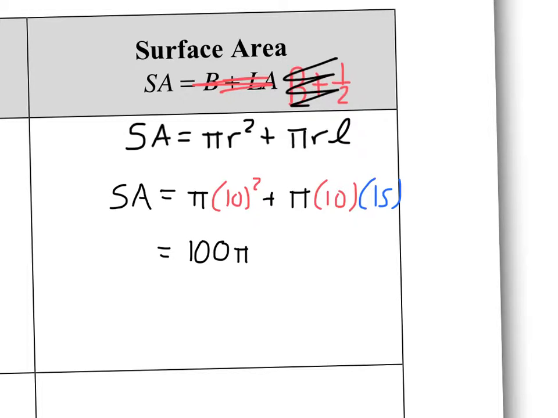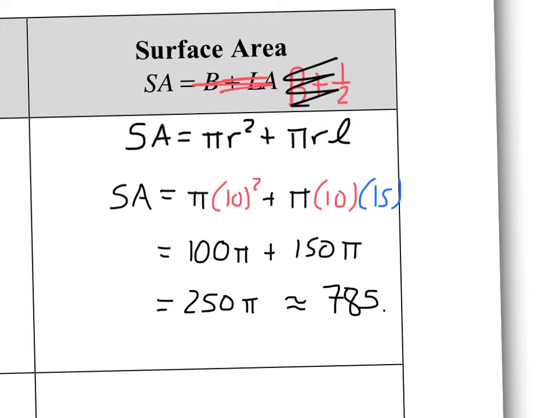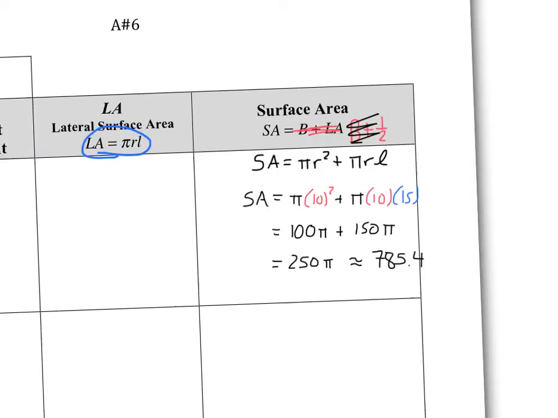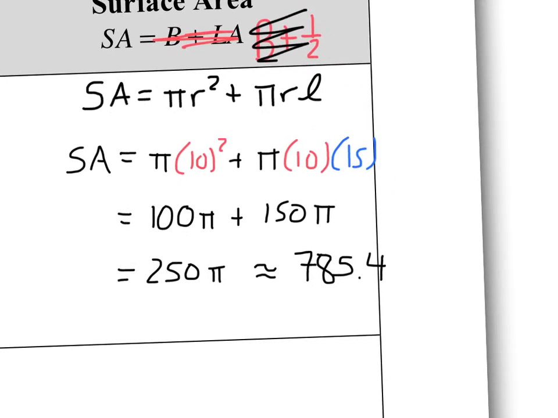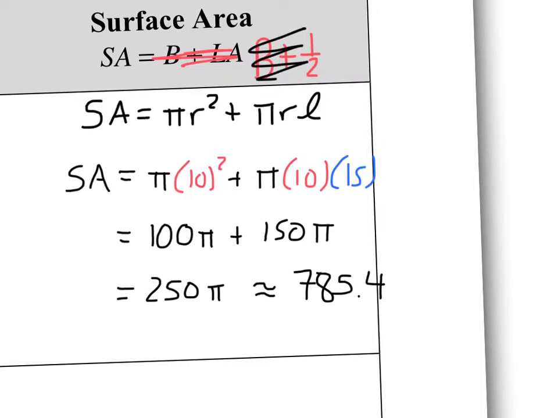That's 100 pi plus 150 pi. Combine like terms to get 250 pi, and we can calculate using our calculator: 785.4 units, and the units on this one are centimeters squared.